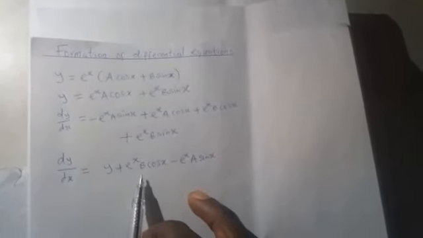Do you know that I can now do something? I can make e^x b cos x minus e^x a sin x the subject of the formula, because by the time I differentiate it the second time, I want to eliminate a and b. I told you I don't like constants while I'm forming my differential equation.